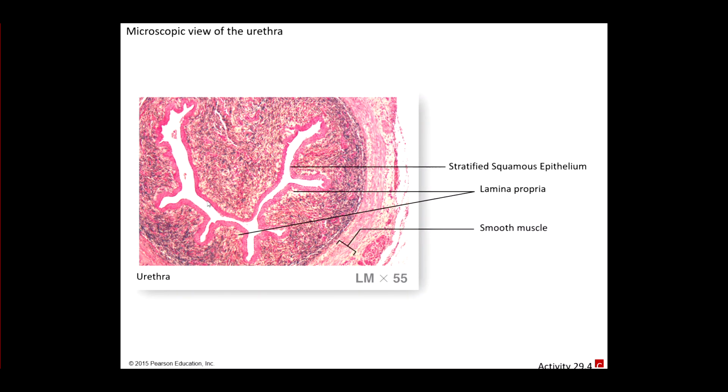All of the red would be stratified squamous epithelium. Anytime you have epithelium, there's going to be a little bit of connective tissue underneath it. That would be some areolar connective tissue. Here's the submucosa over here, and then you're going to have smooth muscle in here also. We'll talk more about that when we look at the reproductive system.